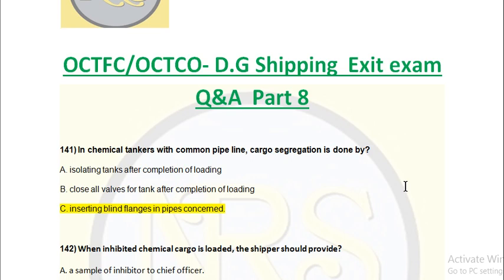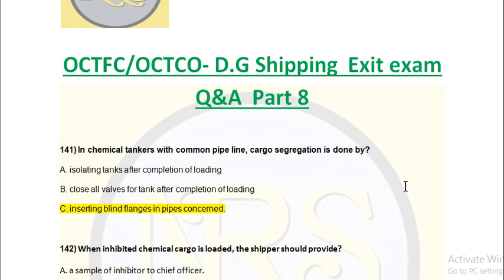Cargo segregation is done at the pipe which connects to the common piping system of the loading and discharge line, and it is connected with each tank. That segregated pipeline will have valves, which will be shut, and a blind flange will also be put in. A spectacle flange type is mostly available on board.